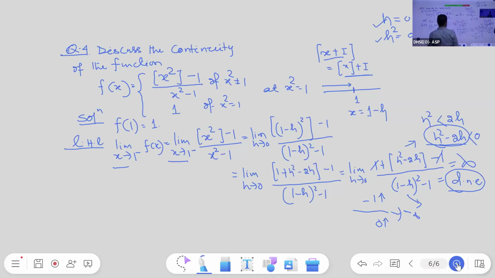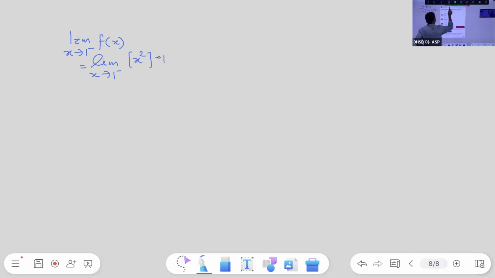Limit extending to 1 minus f of x is equal to limit extending to 1 minus of bracket x square minus 1 upon x square minus 1.